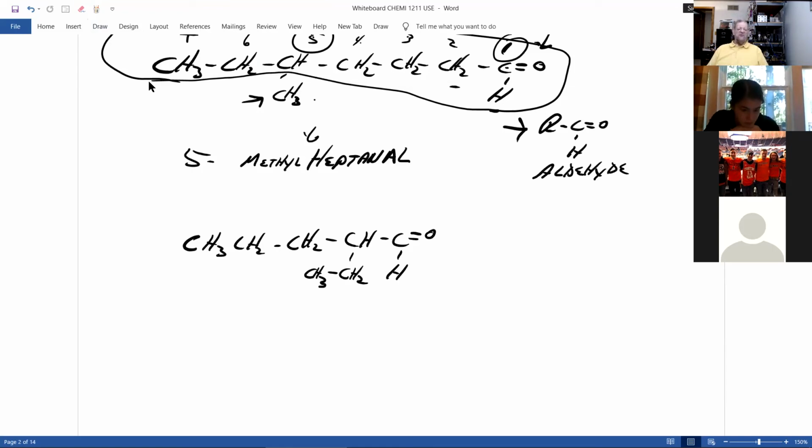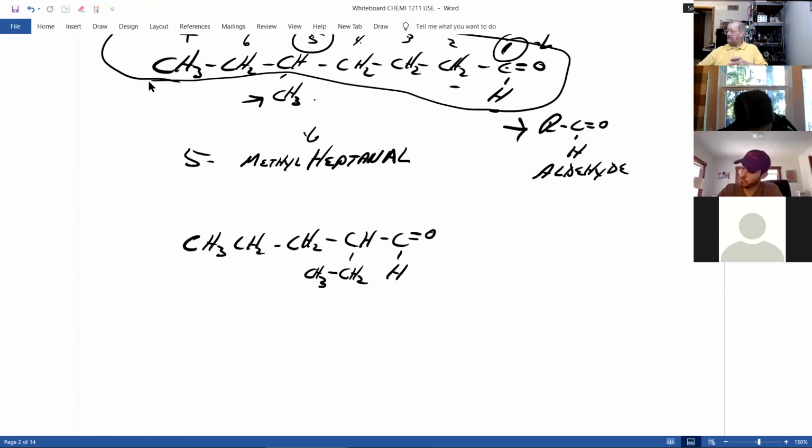What would be the IUPAC name for the following molecule? And when you're done, don't forget to give me a thumbs up.